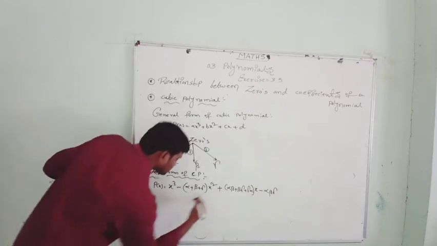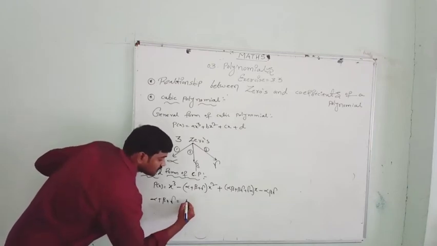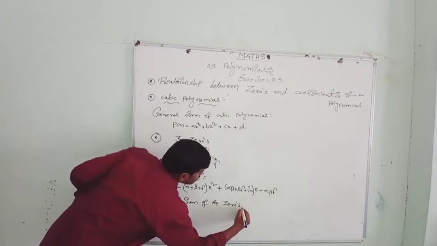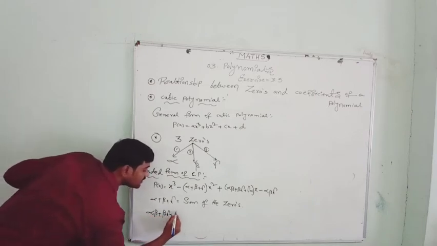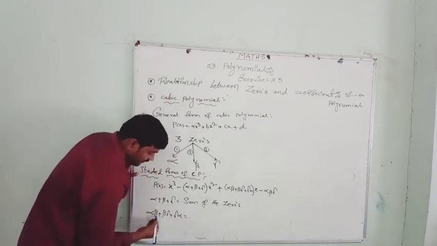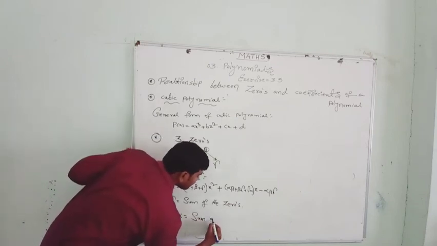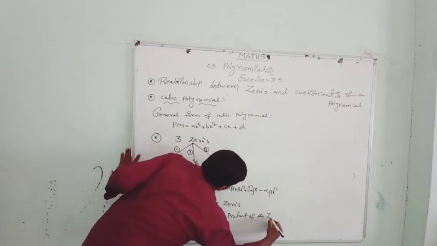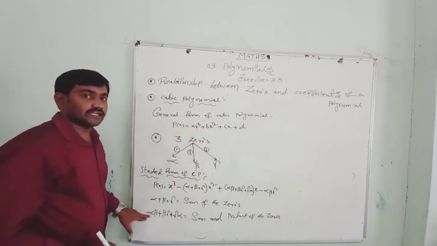So what is alpha plus beta plus gamma? It is known as the sum of the zeros. Then what is the meaning of alpha beta plus beta gamma plus gamma alpha? Here we are multiplying and also adding: the sum and product of the zeros when two zeros are taken at a time.